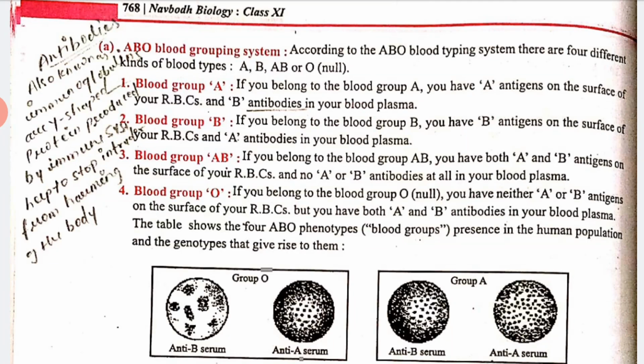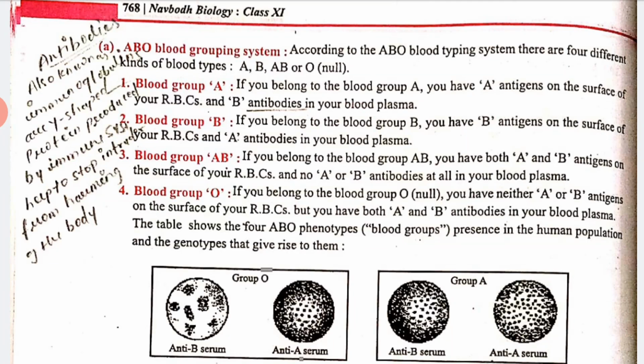If you belong to blood group AB, you have A and B antigens on the surface of the RBCs and no antibodies in the blood plasma. Now let's talk about blood group O. If you belong to blood group O, that is null, you have neither A nor B antigen on the surface of the RBCs, but you have both A and B antibodies in your blood plasma.